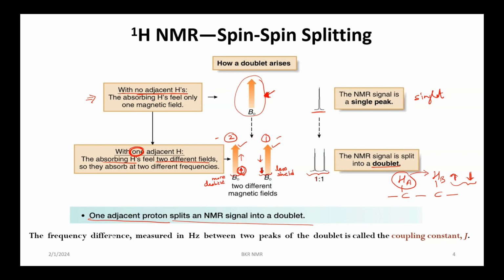So A will be experiencing two different fields from the B proton, two different environments. That is why A will be split into a doublet. The frequency difference between this doublet is measured in hertz and is known as the coupling constant J.